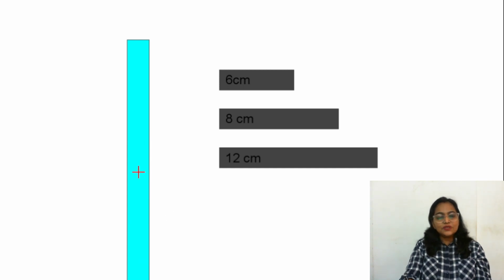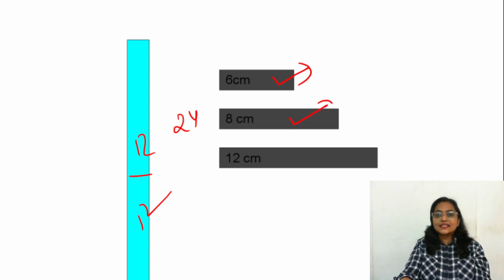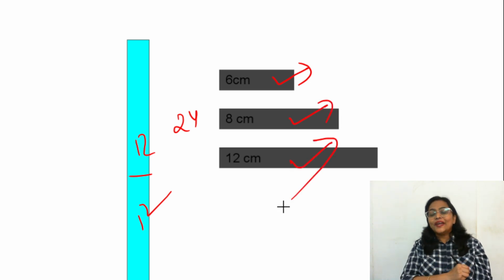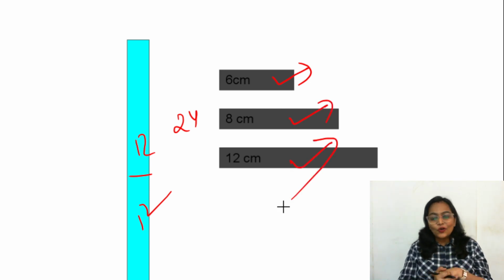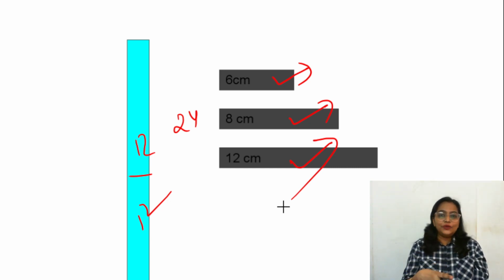For the 12 centimeter scale, you have to measure the ribbon 2 times, 12 and 12, 24, right? So this 24, which is the length of this ribbon, is nothing but the LCM of this 6, 8 and 12. Okay. Now, I hope that you are clear with the idea where we use HCF and LCM in our daily life.